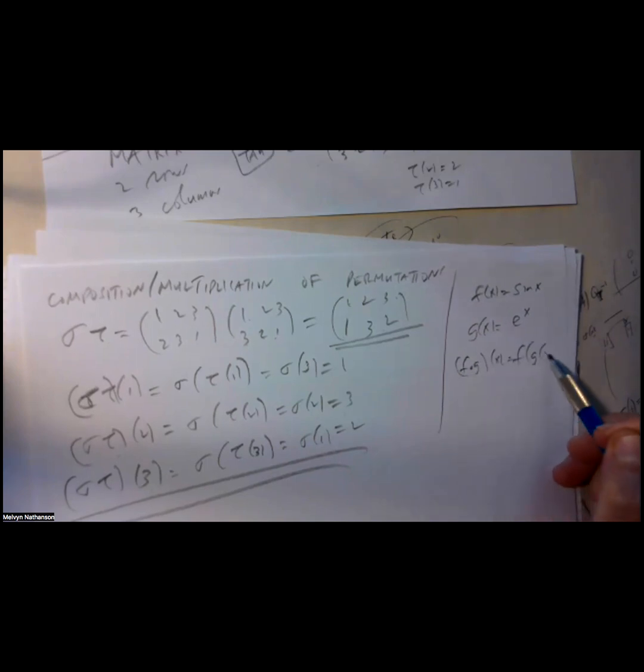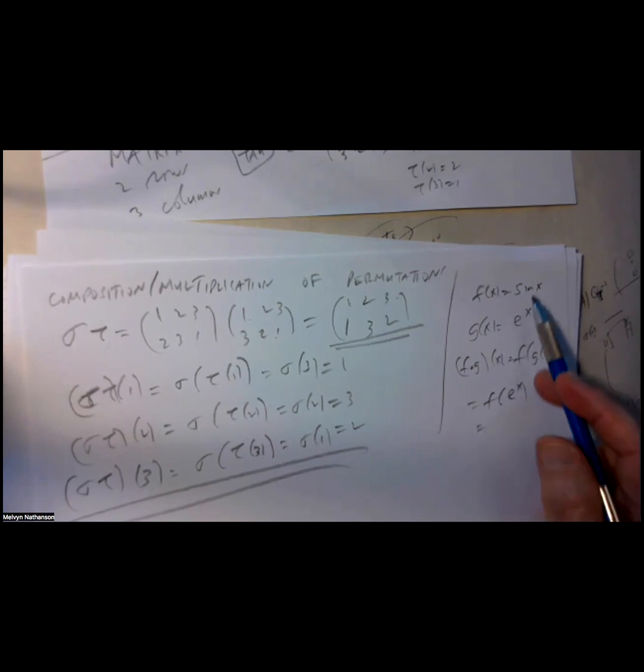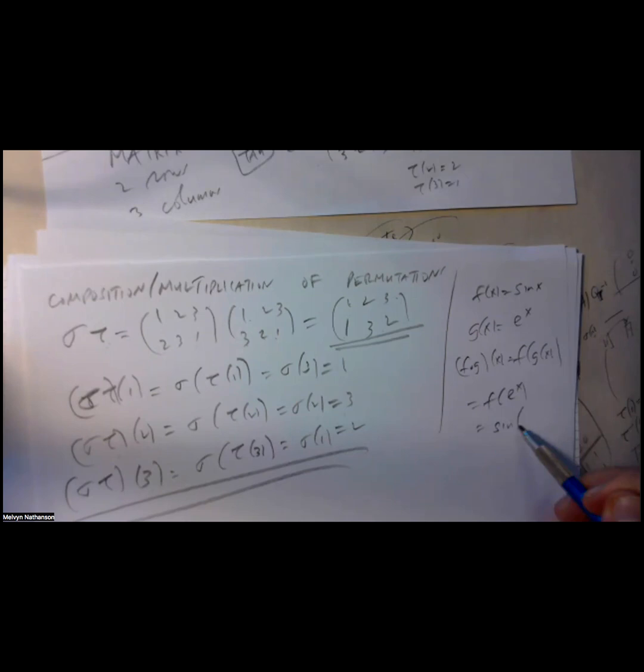That means f of g of x. This means f of e to the x, which is the sine of e to the x, right? So this was composition of functions in calculus. Okay? And yes, it's the same notion of composition of functions.